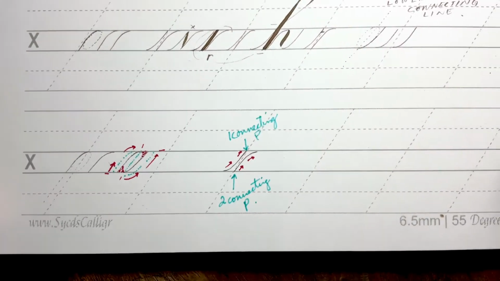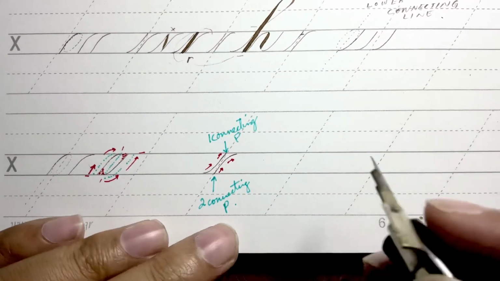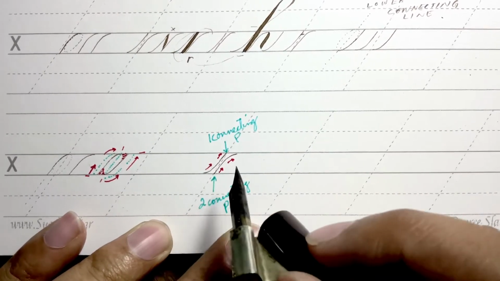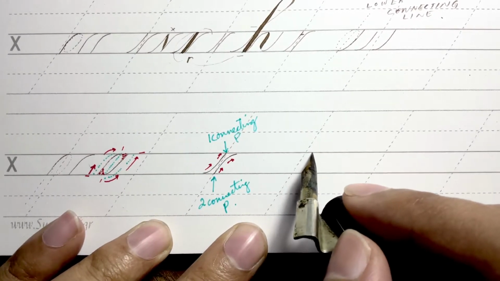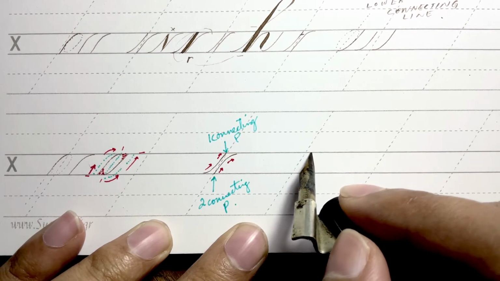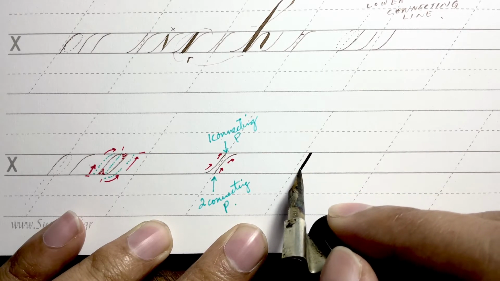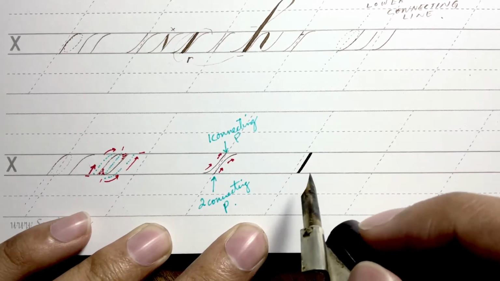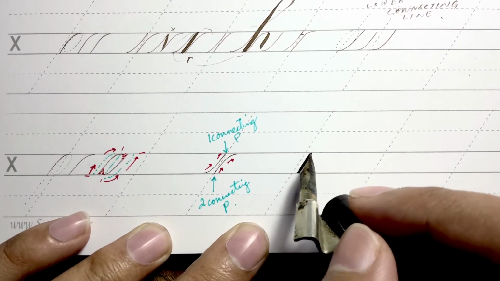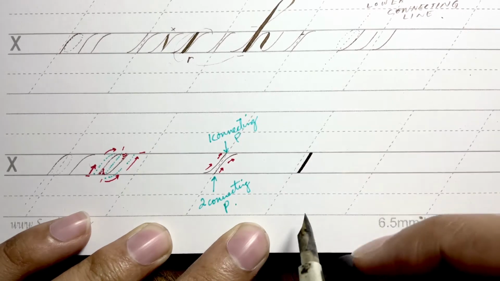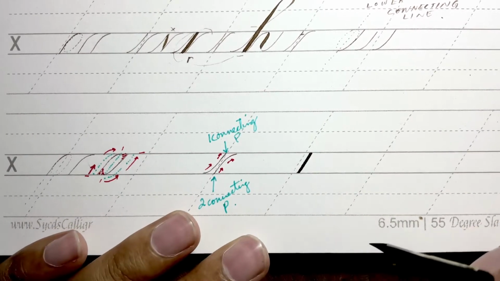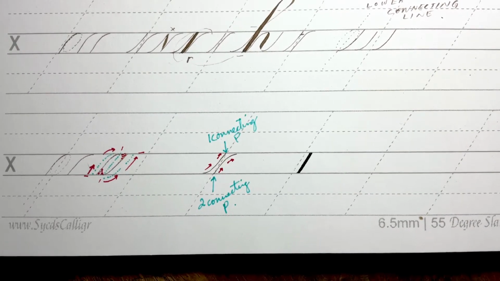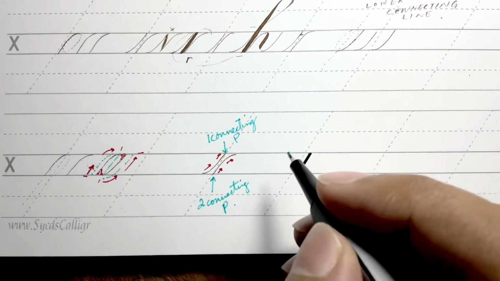So after getting this correct, what you should do is practice these connecting lines with a full shaded line with square top and square bottom. And I'll just show you with the color here, with this pen.